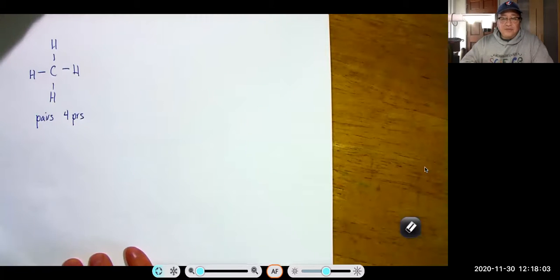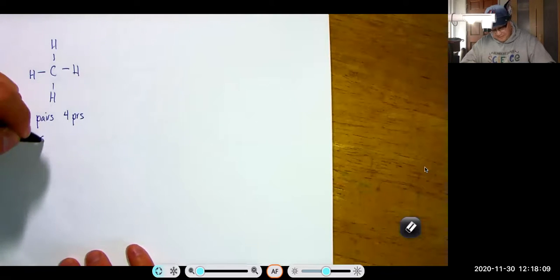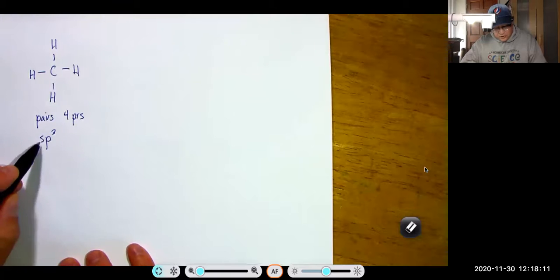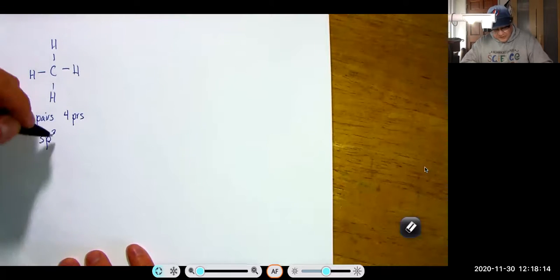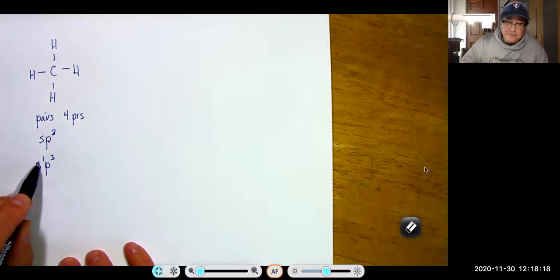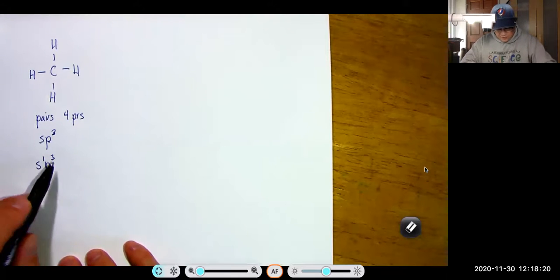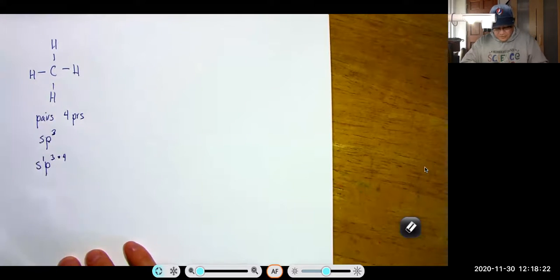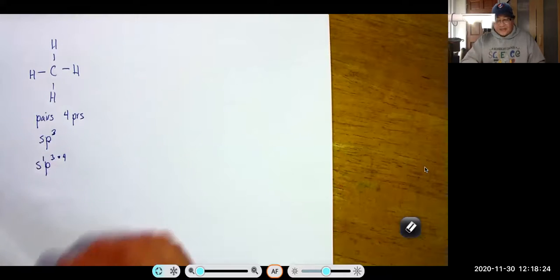SP2, thumbs up. SP3, thumbs up. Okay, it is SP3. So basically, this would be a 1 right here if we put a 1 there, but we never do. What's 1 plus 3? 4. So that is implied as a 1, and that's how you get the hybridization.